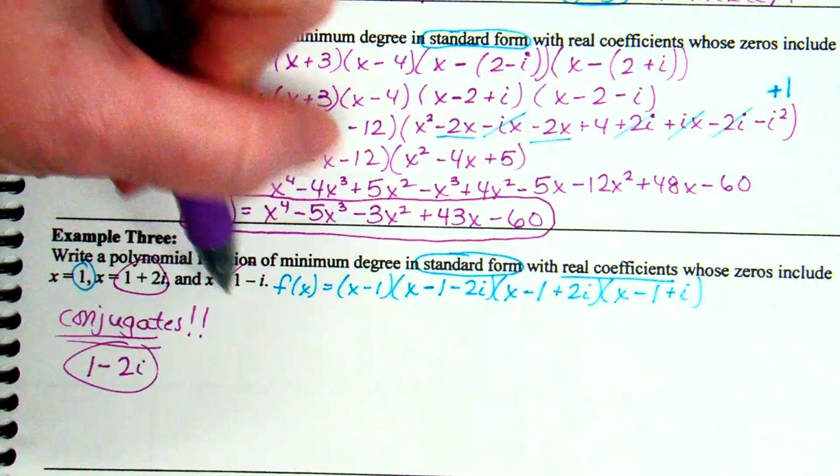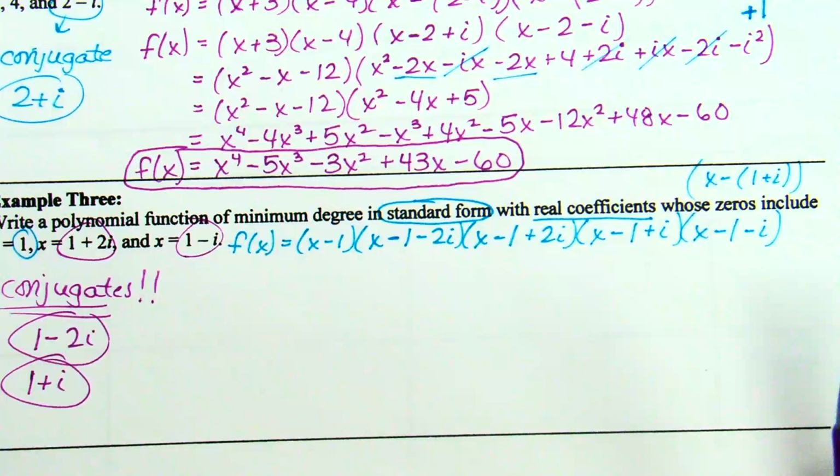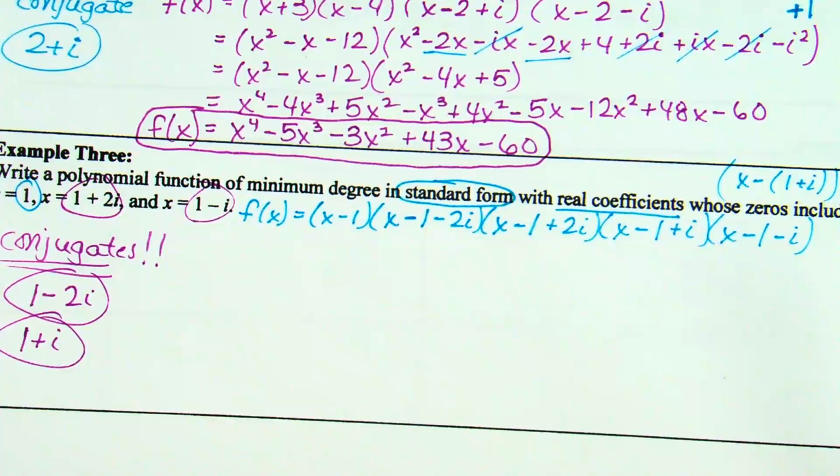So how do I write that in my parentheses? Yeah, x minus 1 minus i. If it helps, guys, I'll put at least 1 up here. That's what we're doing, okay? It's x minus the quantity, and then we are essentially distributing that minus.